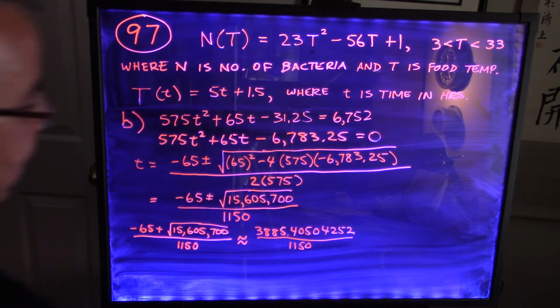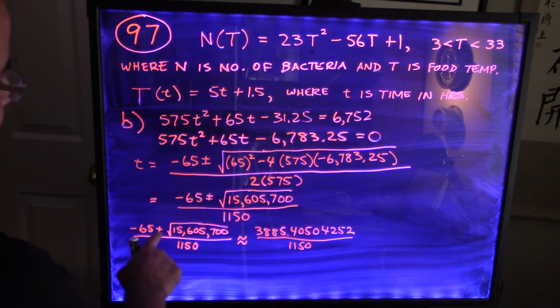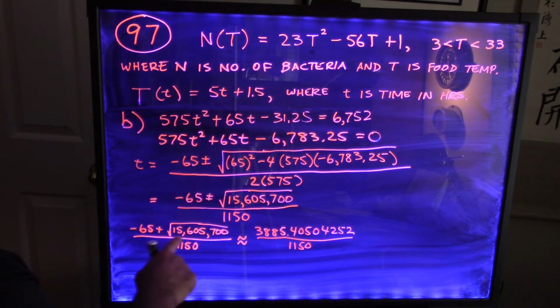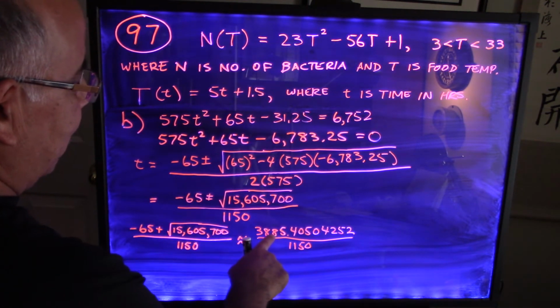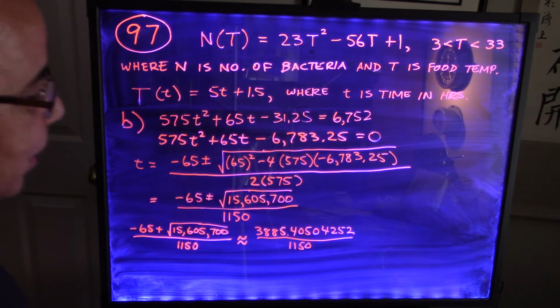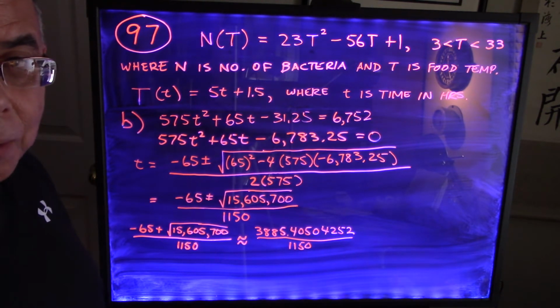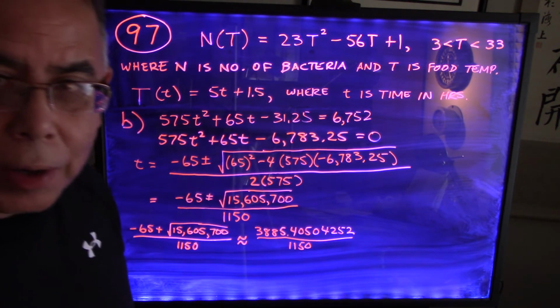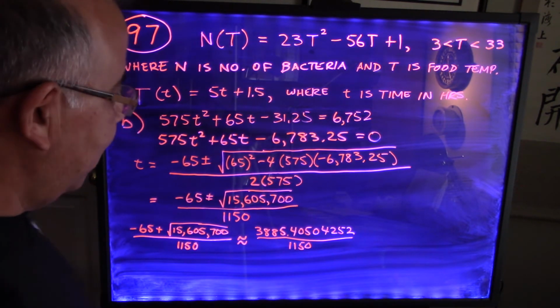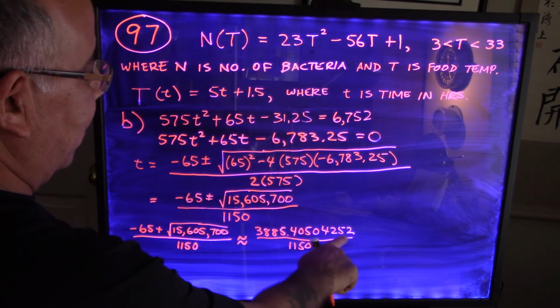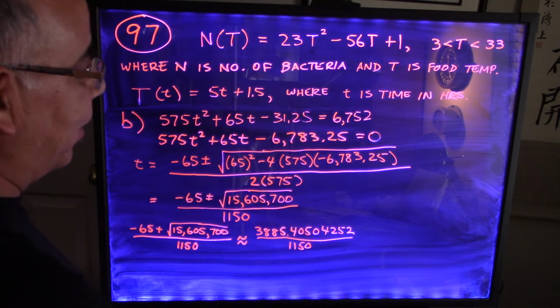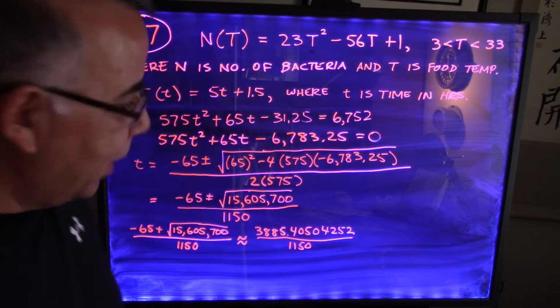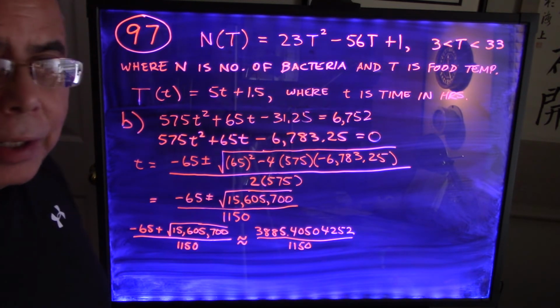Now when you do this step, don't round that to 3885 over 1150, because you're not done yet computing. If you're using a calculator, which I'm sure you are, don't round that off. Leave that the way it is in your calculator and then divide that by 1150.